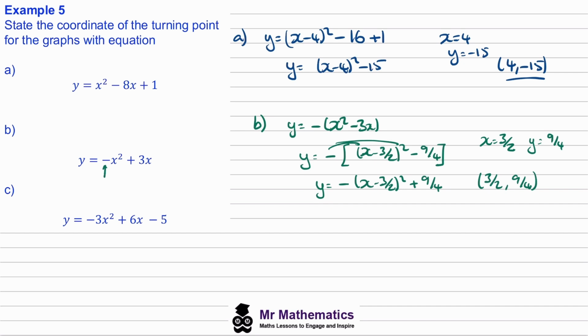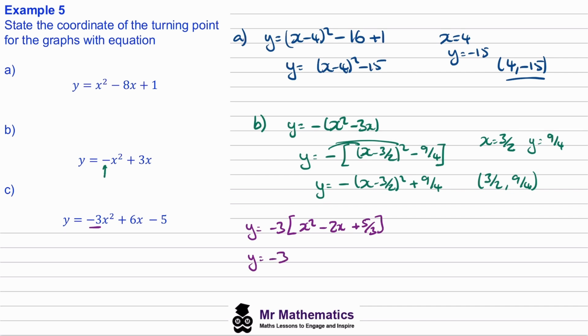How did you get on with that? If you haven't already tried question C, do you want to give it a go now? So now we need to factor out the negative 3. So we'll have negative 3 x squared minus the 2x plus 5 over 3. And then we'll complete the square from this part.